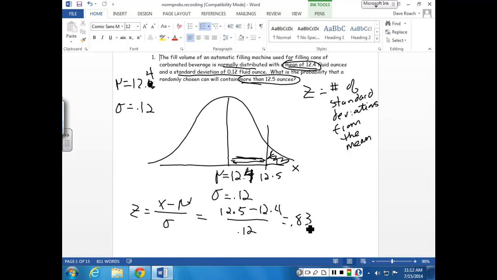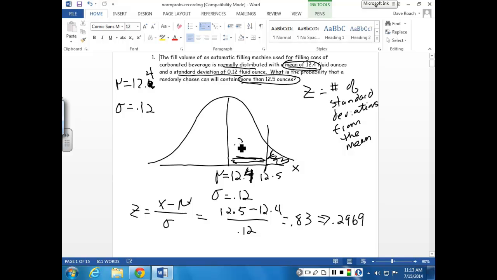So now you'll go to your Z table and look up 0.83. Make sure you get 0.2969. You guys see that all right? 0.83 on your table. That is the area from the mean to this point.